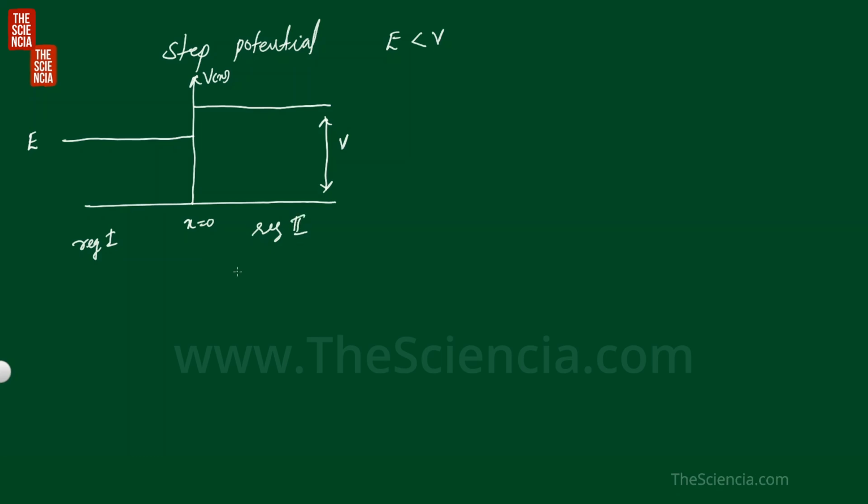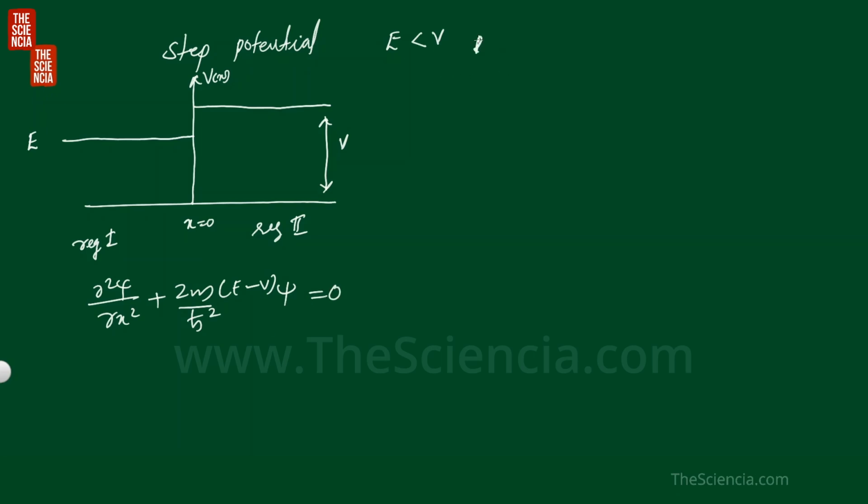So again, we have to evaluate the wave function psi of the particle. To evaluate the wave function in region 1 and region 2, we need the Schrodinger equation, that is, dou square psi by dou x square plus 2m (E minus V) by h cross square into psi is equal to 0.